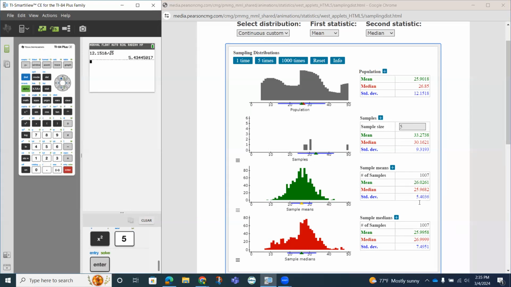Notice how we're getting a standard deviation very close to that. That's the really cool thing about that formula: it allows us to find the standard deviation of the sample means with a real quick formula.